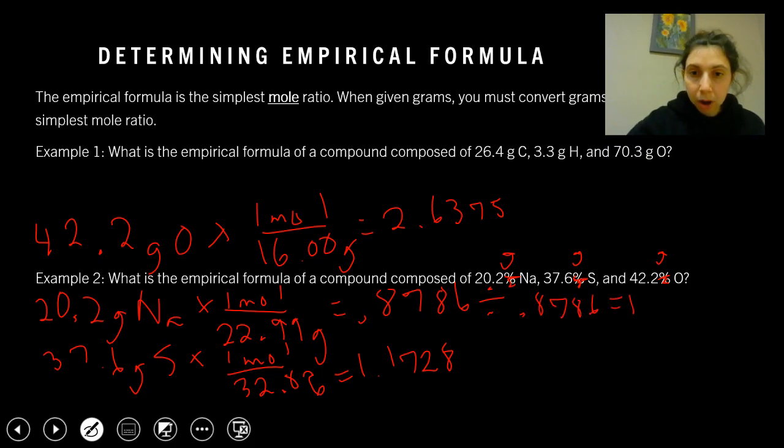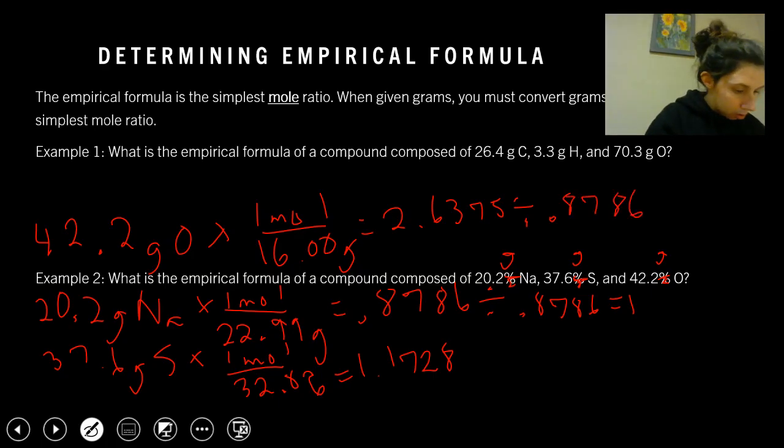So I'm going to divide everything by 0.8786. So that would equal 1. And this would equal 3.